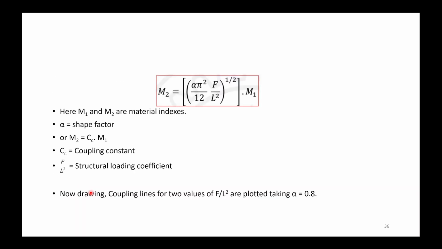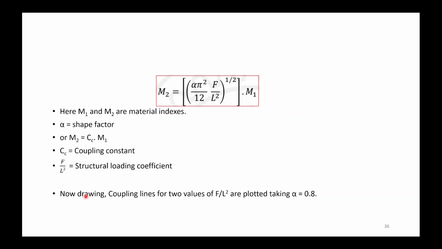These two material indexes can be coupled by this equation: alpha pi square upon 12 times (F upon L square) to the power half. Here alpha is the shape factor and this whole term is known as the coupling constant, Cc is its symbol, and F upon L square is also known as the structural loading coefficient.